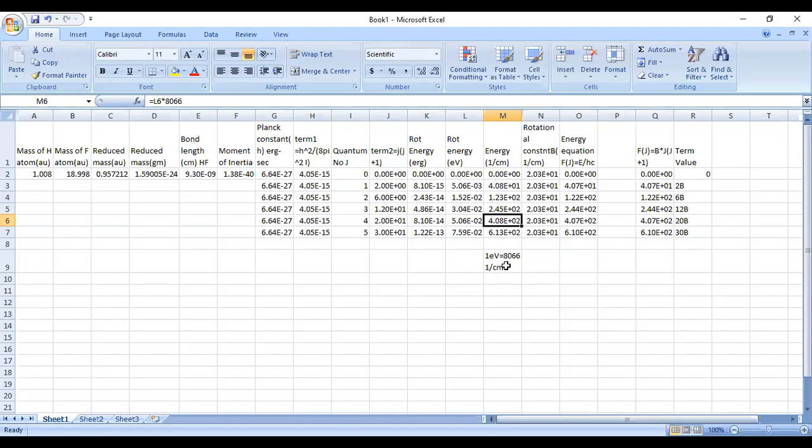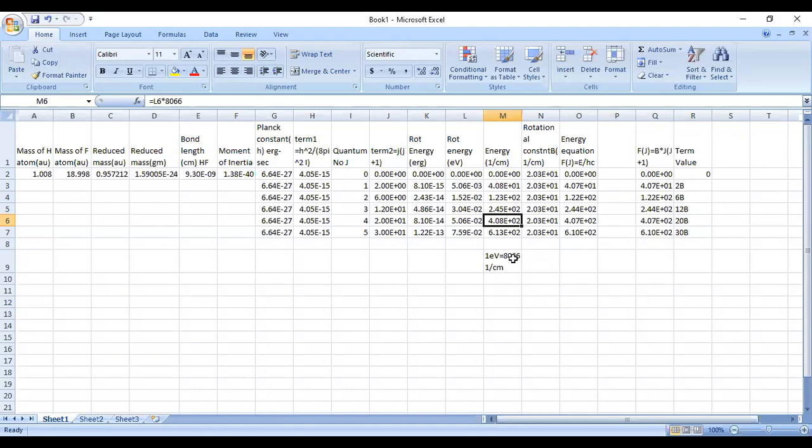Whatever energy you calculate, divide by hc, and that will give you the energy in wave number units. So this exercise will give you several concepts for calculating energy in various units. Generally we write our energy expression in terms of wave number units.